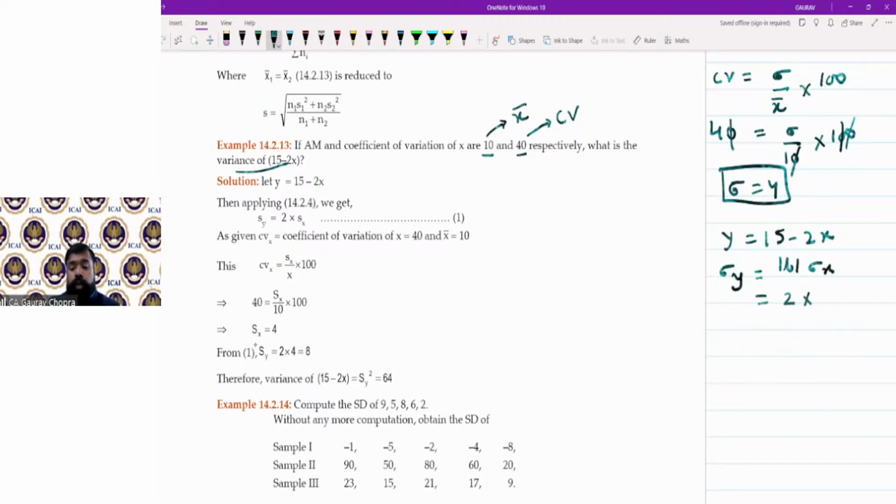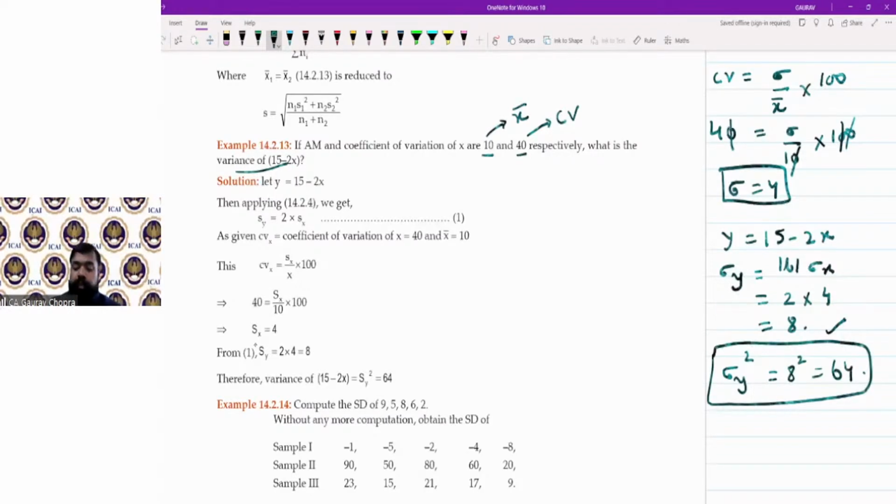It is 2, multiplied by sigma x, which is 4. Therefore, we are getting 2 into 4 as 8. But if we require variance, then we have to do the square. So sigma y square will be 64. So 64 will be the correct answer. All right, so this is basically the variance.